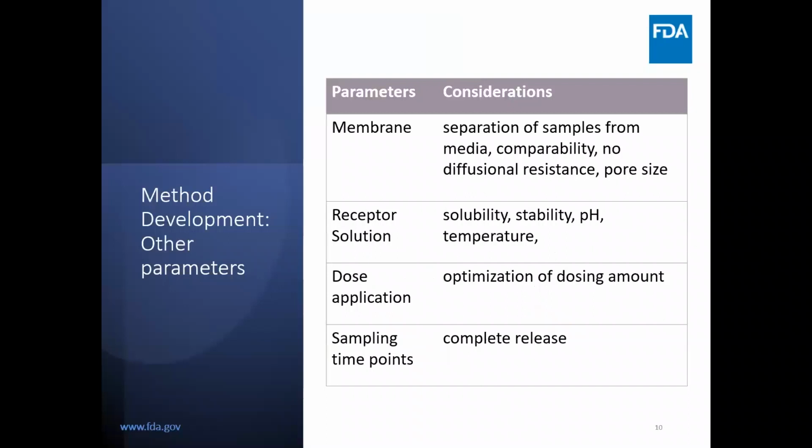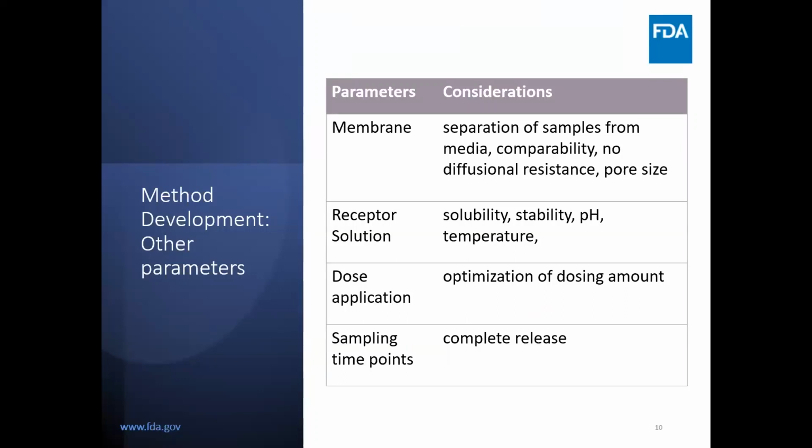So another factor we can consider is the membrane. Membrane is usually used for the separation of sample from media. The applicant should provide the compatibility of this membrane with media and also show no diffusion resistance or sample adhesion. For the receptor solutions, solubility of API should be submitted to support sink condition, and stability data also need to support the sample stability in media until the last sampling time.